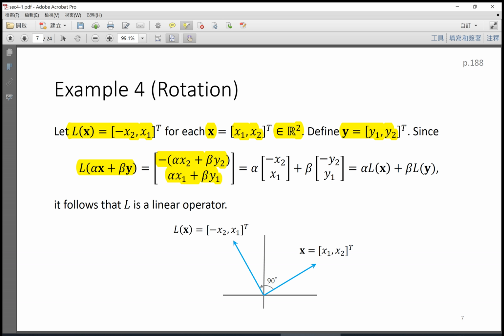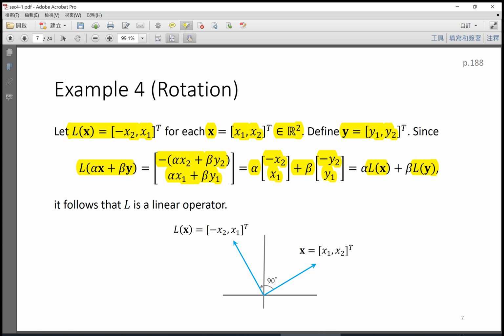Then this expression can be written as α times the vector (−x2, x1) plus β times the vector (−y2, y1). And note that by definition of L, the vector (−x2, x1) is L(x), and the vector (−y2, y1) equals L(y).